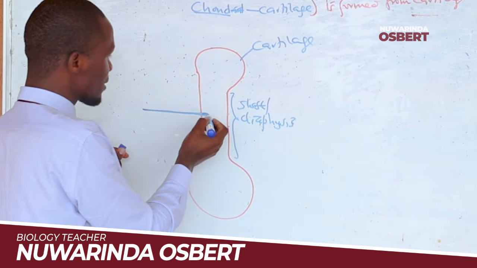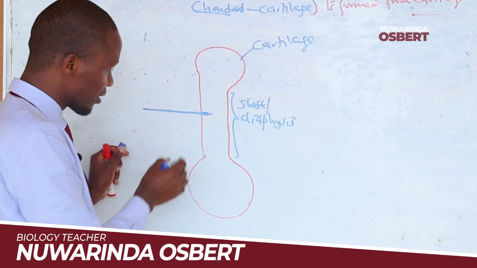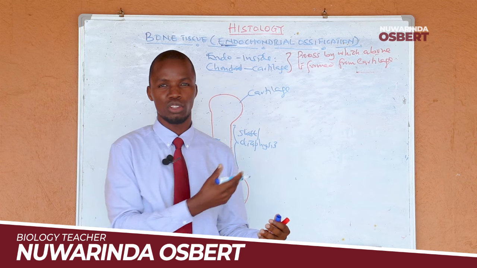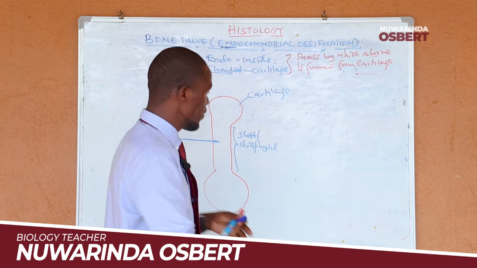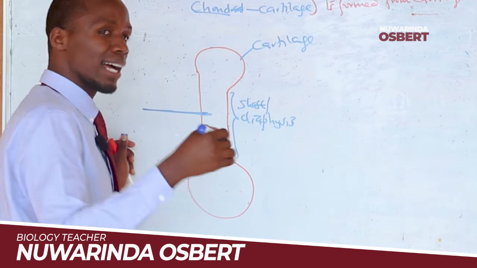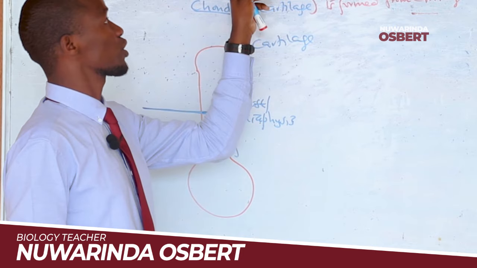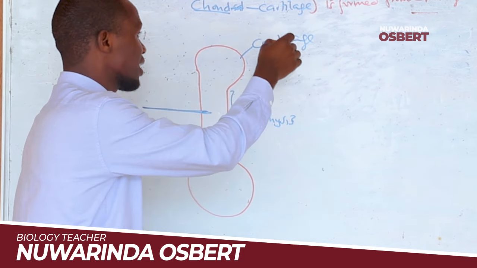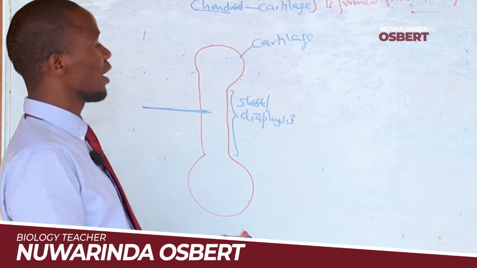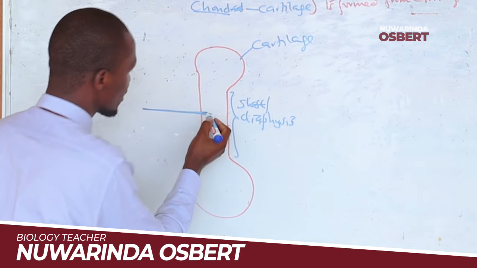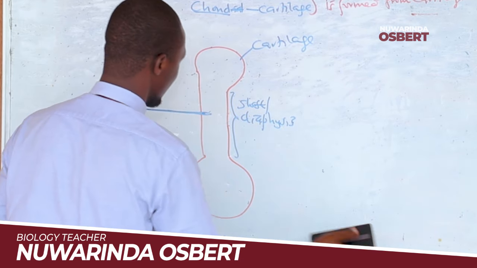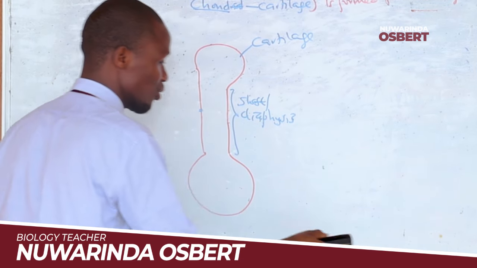So when a blood vessel penetrates this area in the middle, I'm taking an example of longer bones, that's the beginning point of this process known as endochondrial ossification. At that moment, this cartilage has started turning into a bone. When this blood vessel comes and reaches here, I think I'm going to use a different ink to mean a blood vessel. Let me not use this blue marker here.